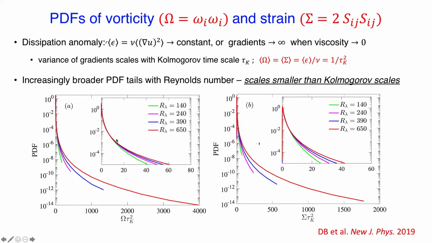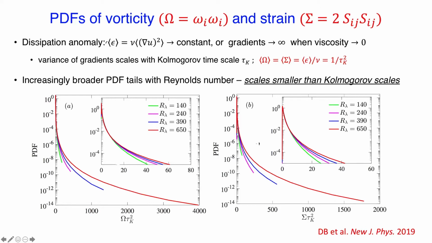First, I would like to point at the inset and show you that when looking at really small values, the PDFs approximately collapse when we use this Kolmogorov time scale. But when we look at the tails of these PDFs, we can see that they extend up to extremely large values, and both the extent and the probability of these events drastically increase as the Reynolds number is increased.